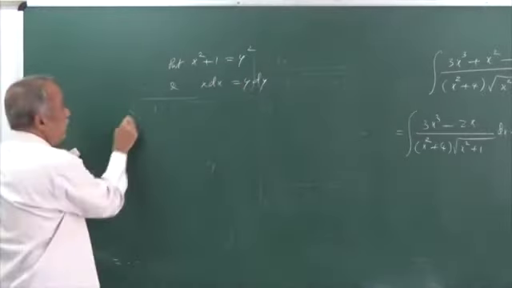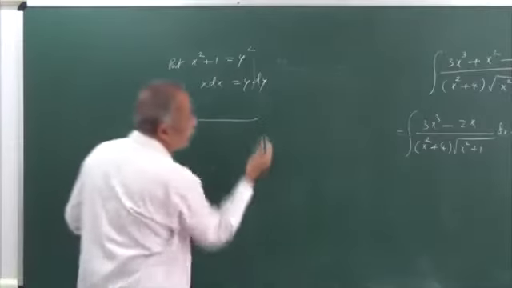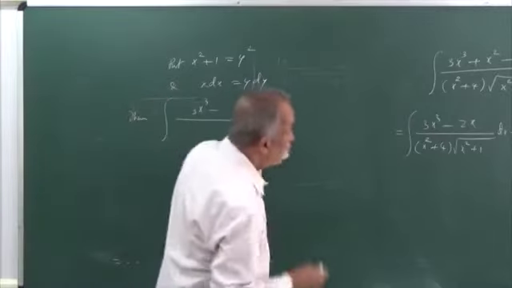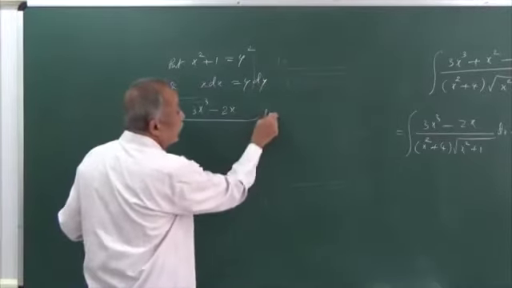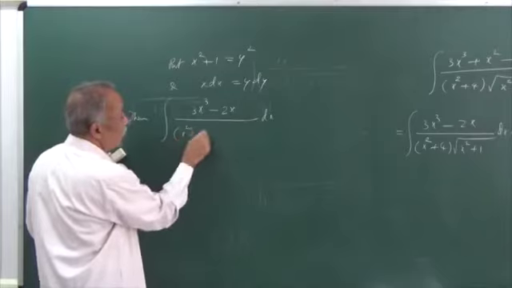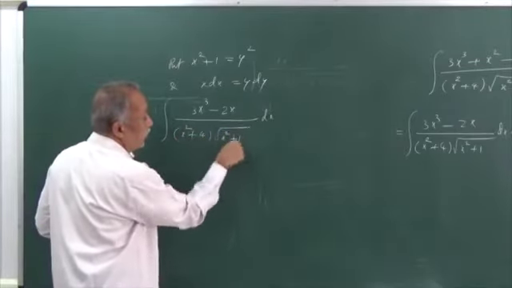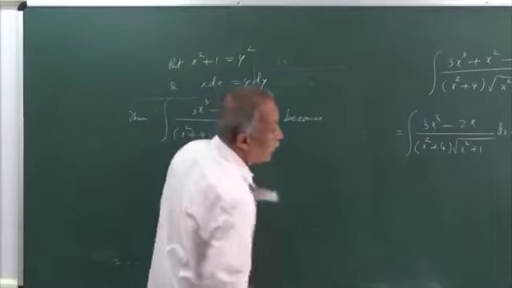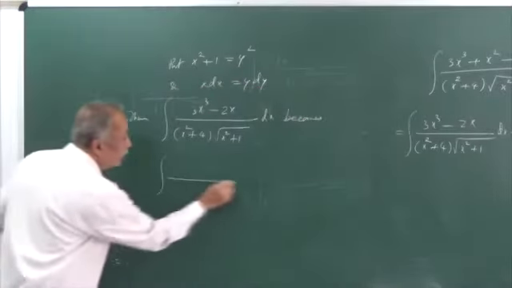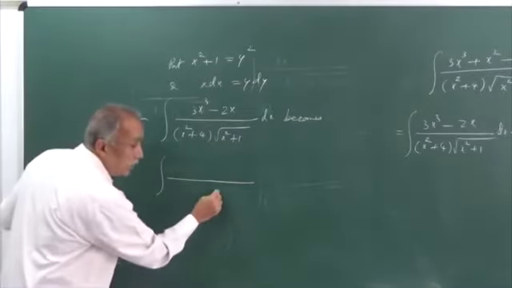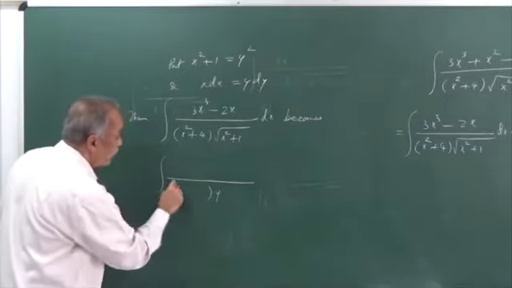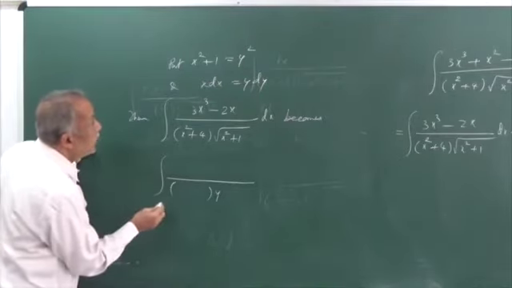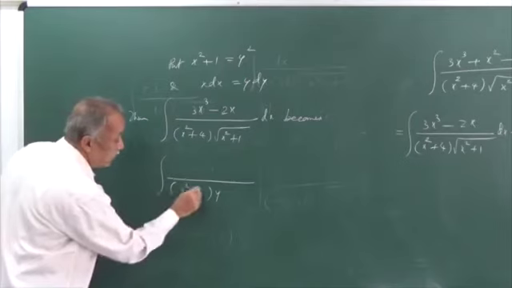The integral will become: root of x square plus 1 is y, x square plus 4 is y square minus 1 plus 4, which is y square plus 3.